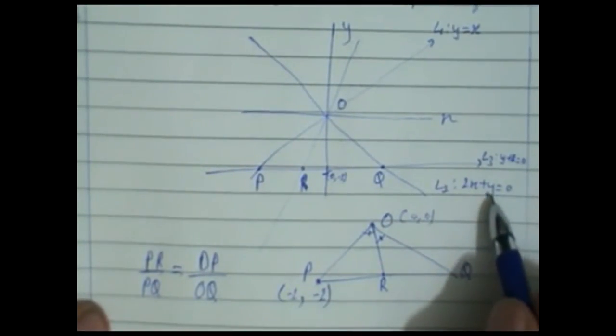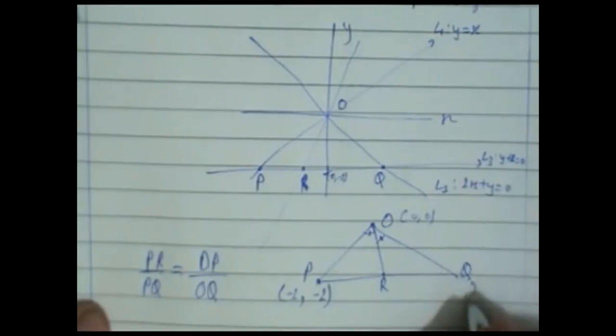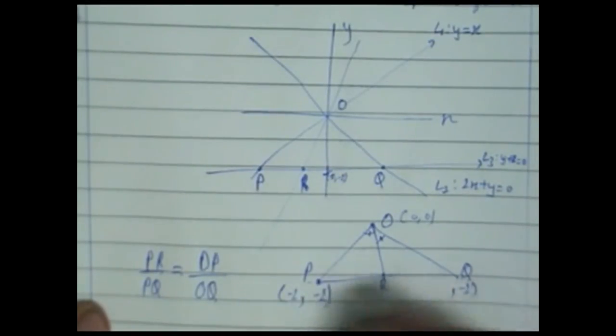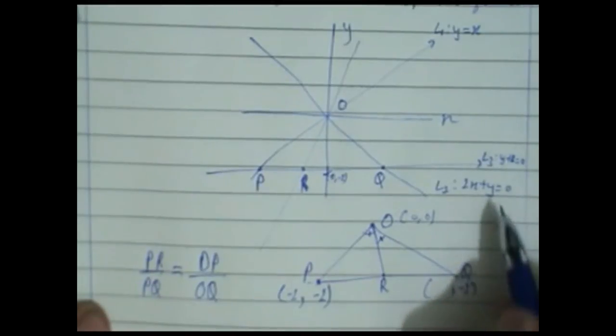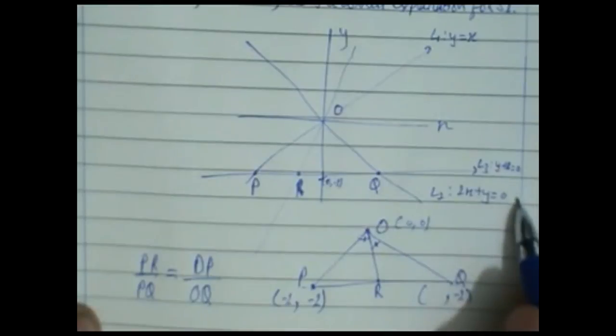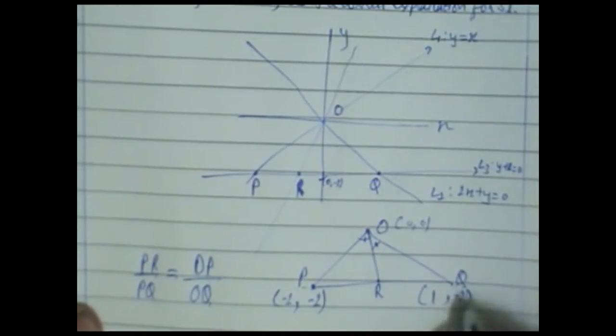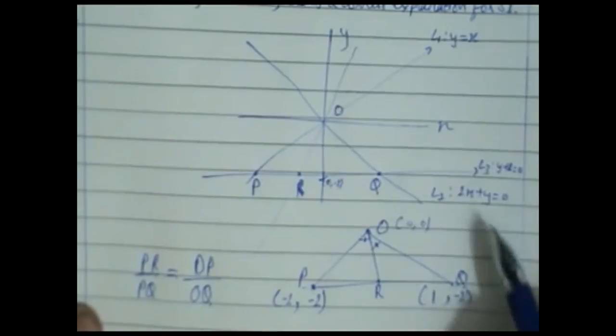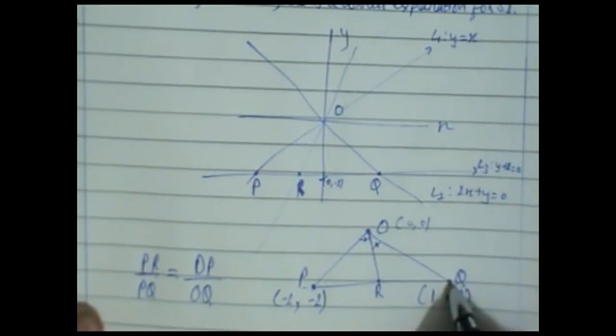The point Q will have y coordinate as -2 because this point lies on y equal to -2. So putting y equal to -2 here, we will get 2x is equal to -2. On taking it to the right hand side it will become 2. So 2x will be 2, x will be 1. So 1 and -2 satisfies this equation and y equal to -2. So this is the point Q.